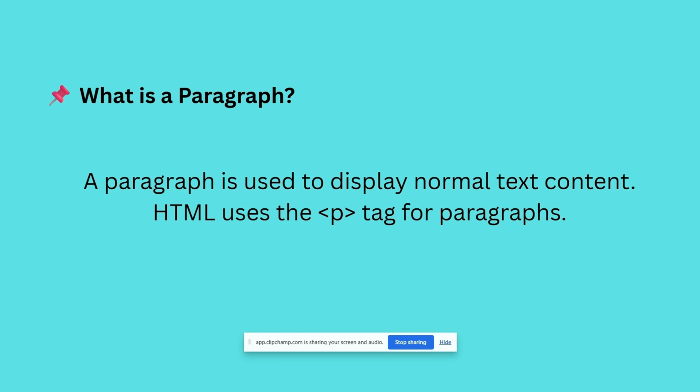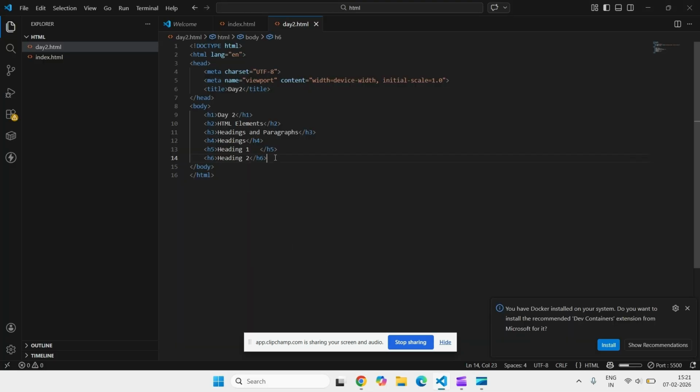Now we can see how to write a paragraph. As we discussed, a paragraph is written using the p tag. Then there is lorem, used for displaying dummy content. If we give lorem 12, it will show 12 words of dummy content.